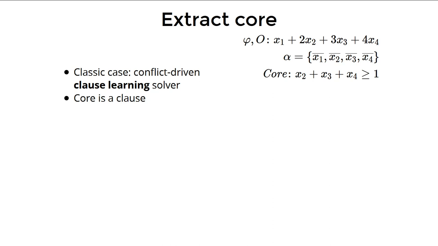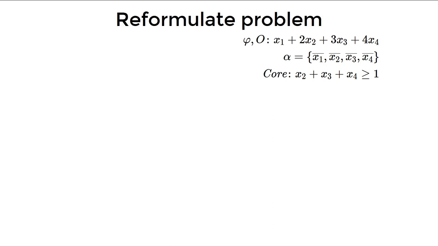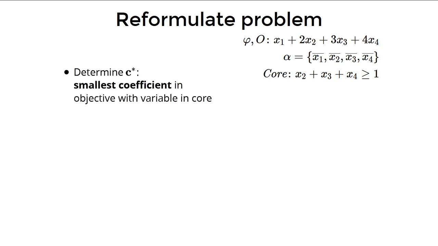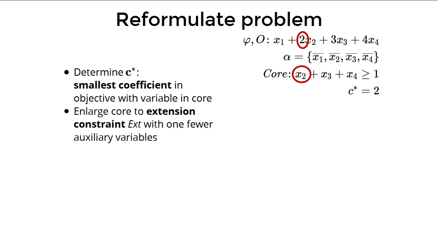Based on this clausal core, we now reformulate the problem. For this, we determine C star, the smallest objective coefficient for a variable in the core. We now create an extension constraint by picking fresh variables, adding these to the core and making it an equality. The idea is that we add a sufficient amount of fresh variables so that any evaluation of the left-hand side of the extension constraint can be represented by the right-hand side.